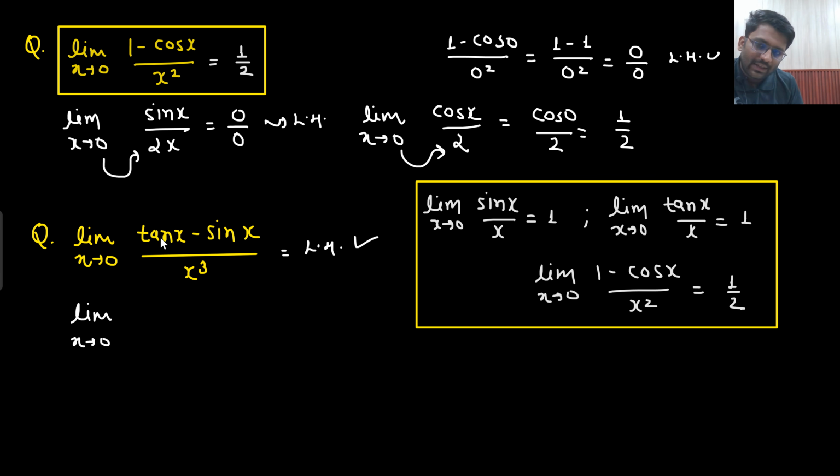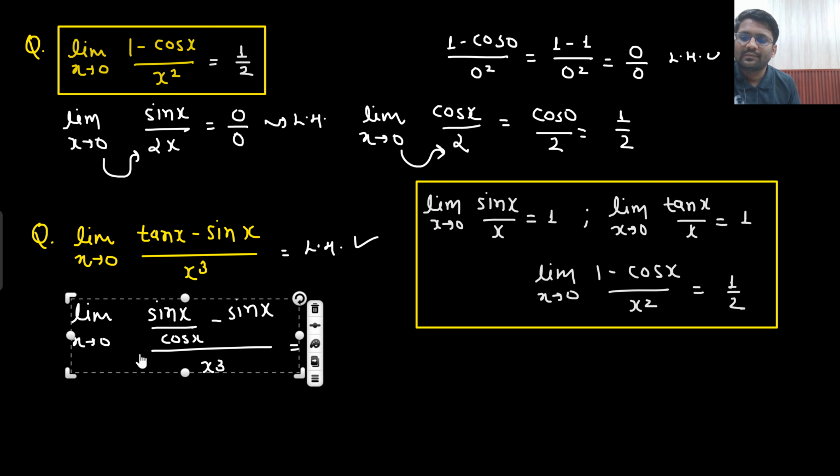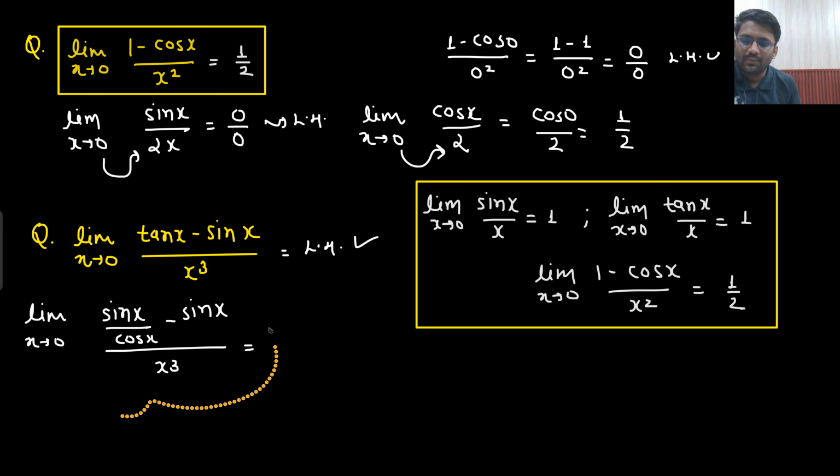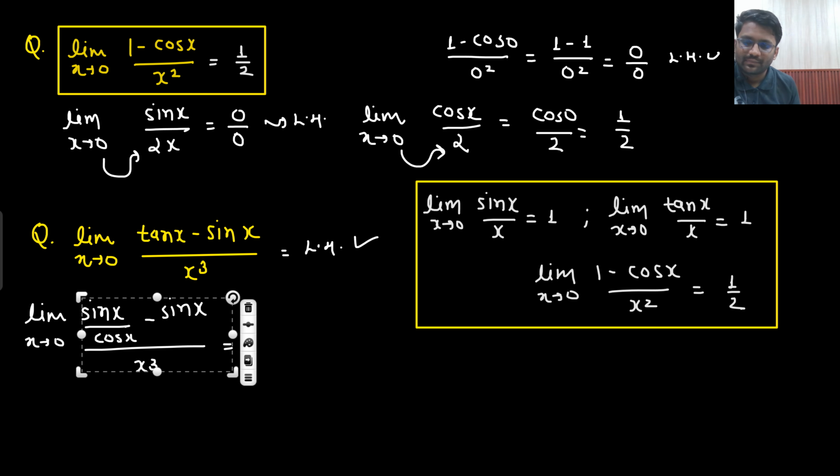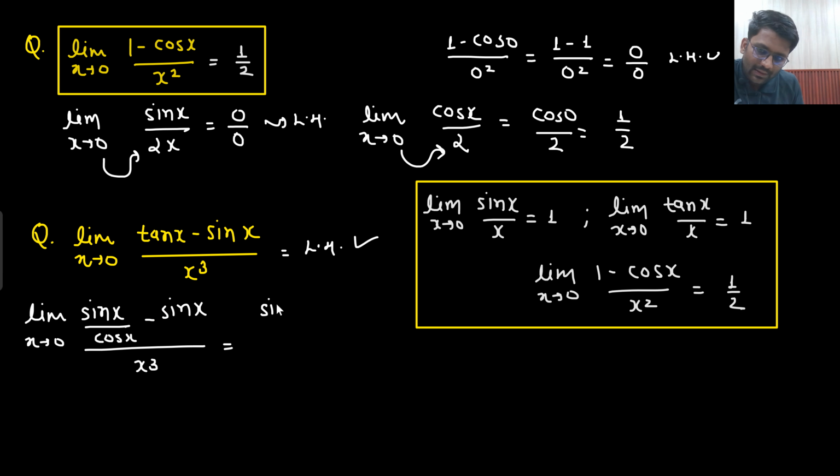I can replace tan x as sin x by cos x. Sin x by cos x minus sin x divided by x cube. Now here I can take sin x common. What I will get? 1 by cos x minus 1 divided by x cube.